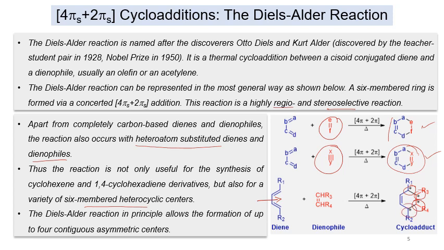So this reaction is going to generate this cycloadduct bearing four new asymmetric centers. This is the best part about the Diels Alder reaction, and this particular aspect has been utilized extensively in the synthesis of natural products.